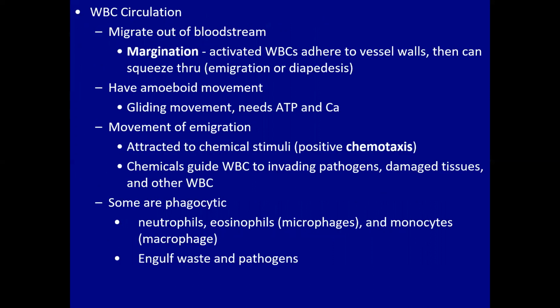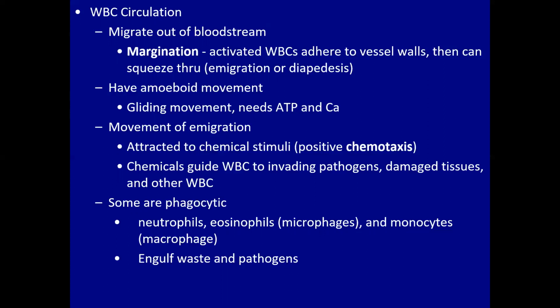As I said, they migrate, and they do that through a process that's called margination. Those white blood cells that have received the chemical cue to become active are going to stick to your vessel walls, and then they squeeze through those endothelial cells between them. So it can be done either through emigration, which means to leave, or diapedesis.